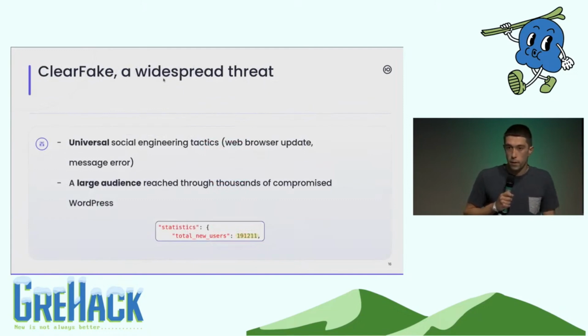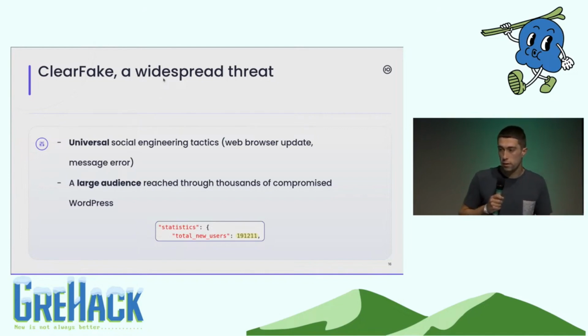So let's conclude about this threat. This ClearFake campaign uses a universal social engineering tactic, as it implies the web browser and every user uses a web browser. And second, it reaches a large audience, as the threat actor uses multiple thousands of compromised WordPress sites.